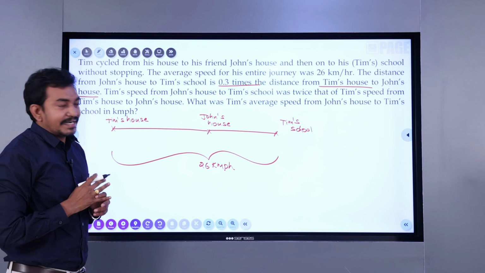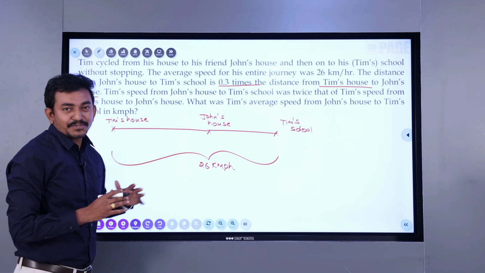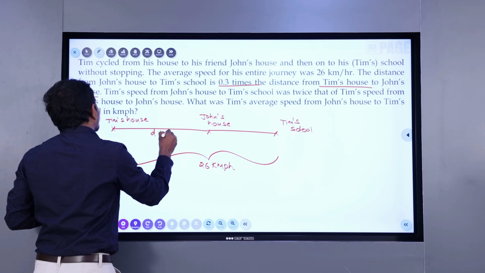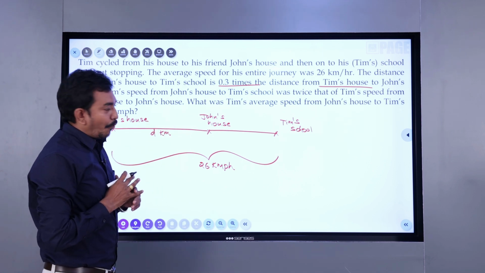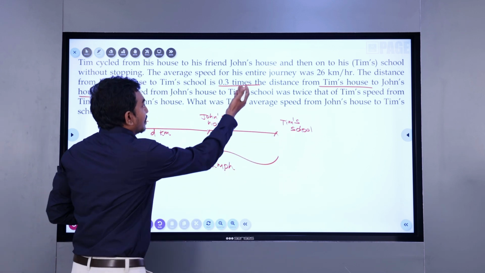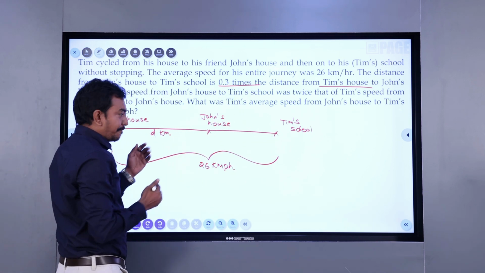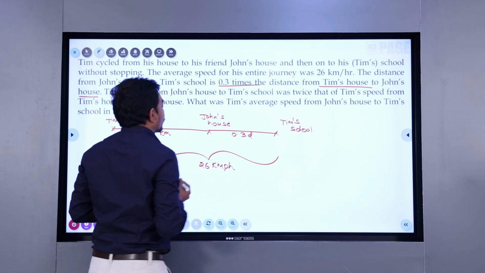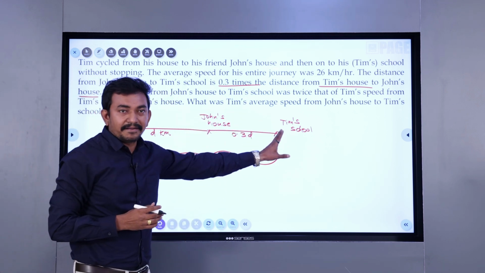Do we know the distance from Tim's house to John's house? We don't know. Let's take it as d kilometers. Then what would be the distance from John's house to Tim's school? It is given as 0.3 times d. So 0.3 into d is the distance from John's house to Tim's school.